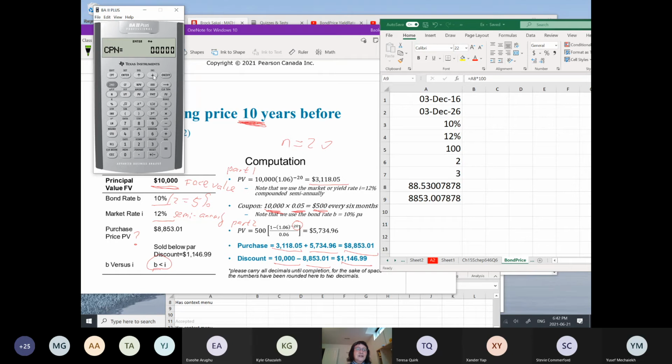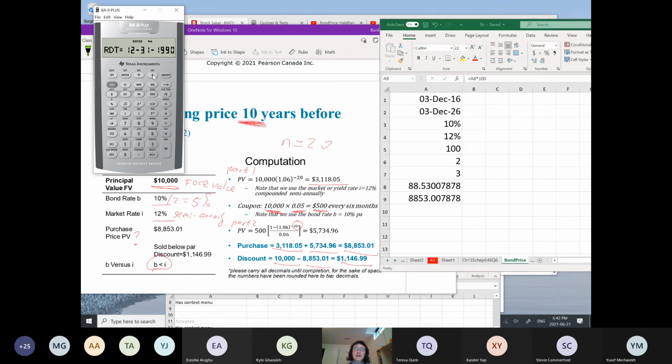Now, down arrow key. This CPN represents coupon. Coupon rate is 10, so you type in 10, without percentage. When you use the calculator, without percentage. Enter. So the coupon rate is 10%. Down arrow key. RDT represents redemption date. Settlement date, redemption date.